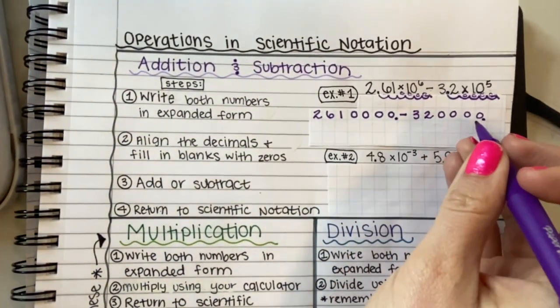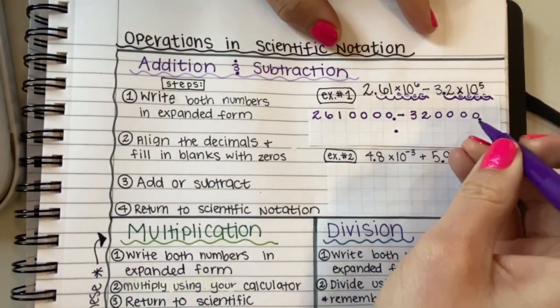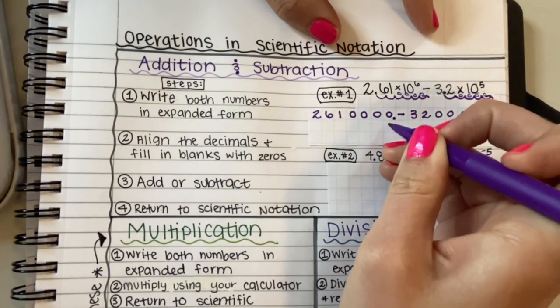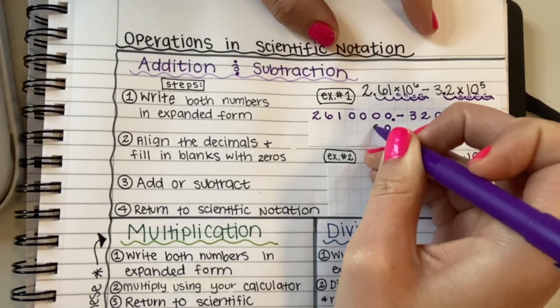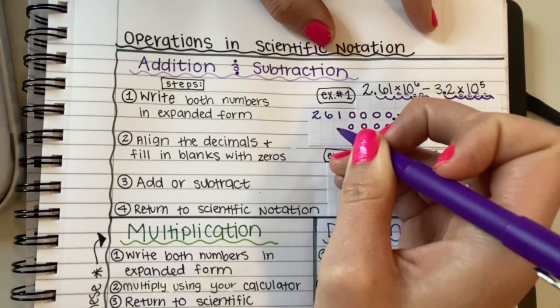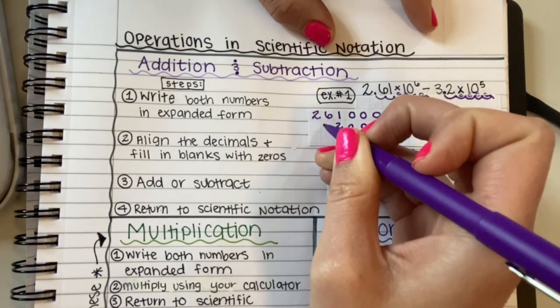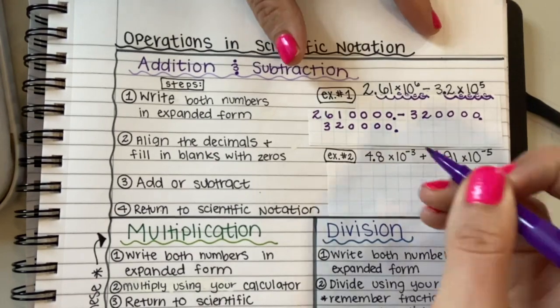I'm going to align them. With my 320,000, I'm actually going to write it backwards so that I am ensuring each digit is lined up exactly how it should be. Then I've finished step 2.